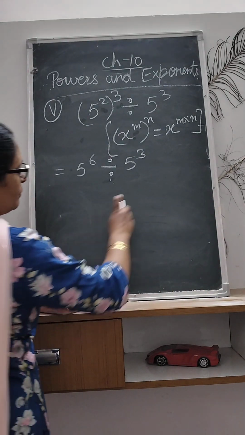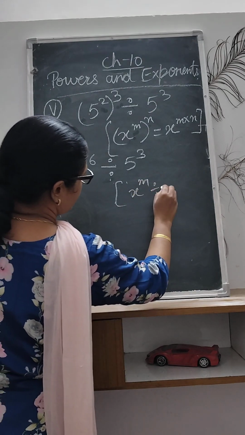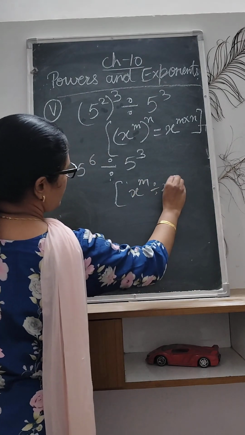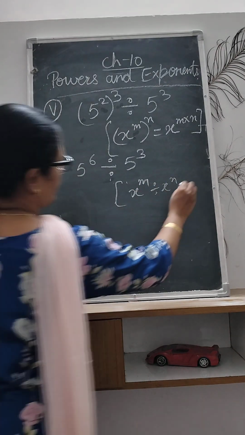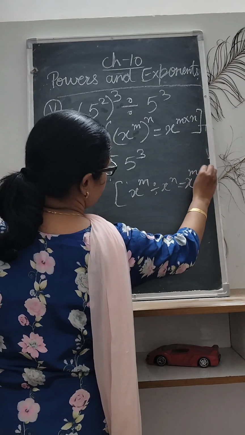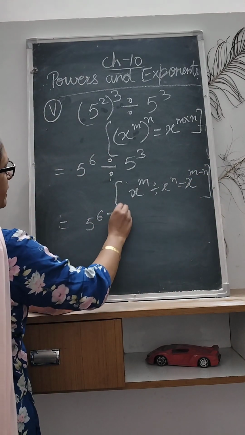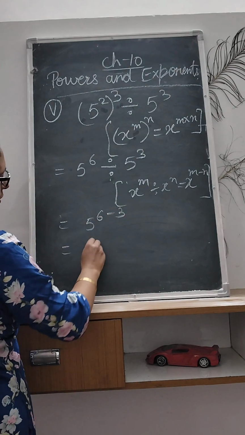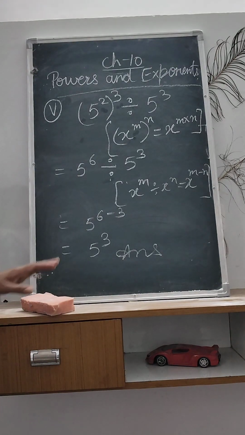Okay. So we will mention the law again: x raised to power m divided by x raised to power n is equal to x raised to power m minus n. Okay. 5 raised to power 6 minus 3 is 3. So as the answer we needed in exponential form, so this is your answer.